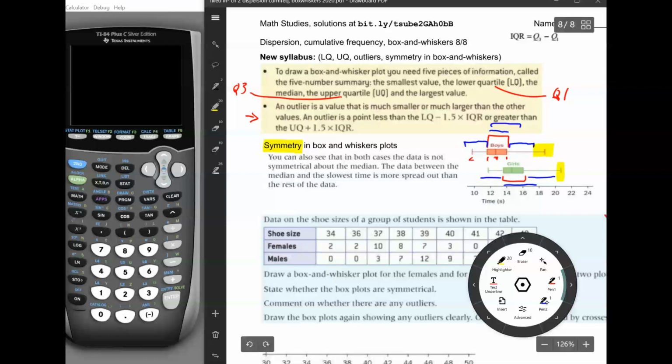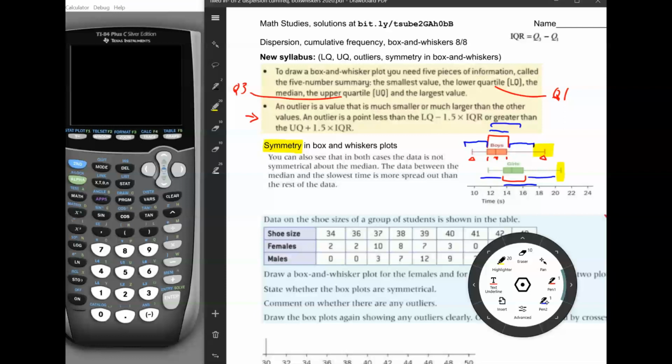But usually with the whiskers, it's a little easier to tell, right? And it's a lot easier for a distribution to become asymmetric because if you have one point that's really far to the left or to the right, that will immediately make it asymmetric. So if you look at the boys plot here, obviously the right whisker is much longer than the left whisker, so you would say it's not symmetric.